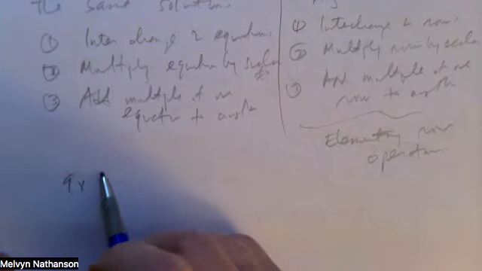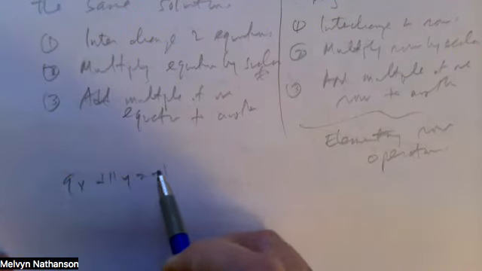Suppose we have the following system: 9x plus 11y equals -1, and 5x plus 6y equals 3. Actually, let me get a new piece of paper because this involves more writing.